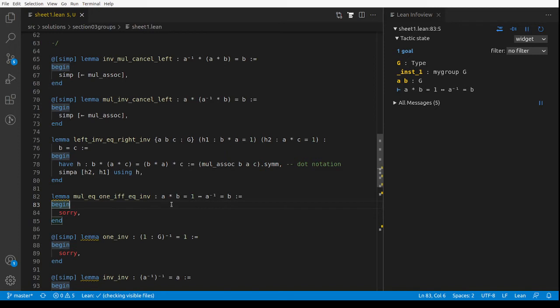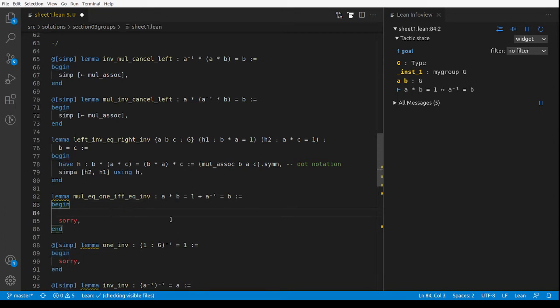The left-hand side has got more stuff in because it's got A and B and multiplication and 1, and the right-hand side has only got A and B and inverse. On the other hand, you might argue that inverse is somehow a more complicated function than multiplication. I think this is one of those lemmas where sometimes you want to rewrite in one direction and sometimes you want to rewrite in the other direction. And for lemmas like that, it might be safer not to make those simp lemmas.